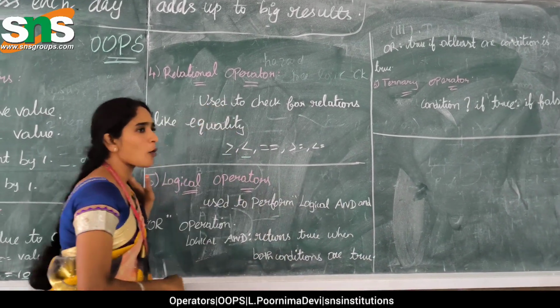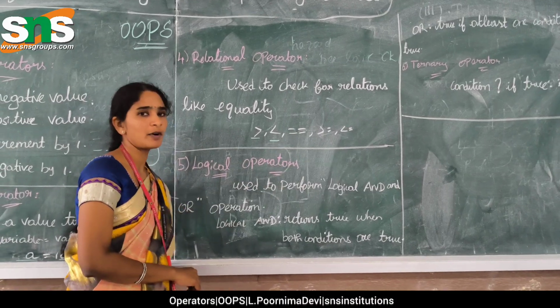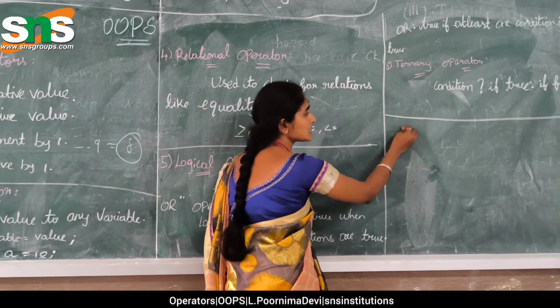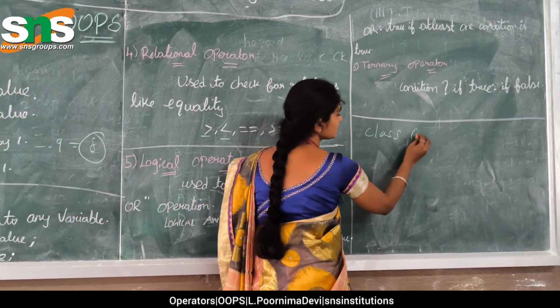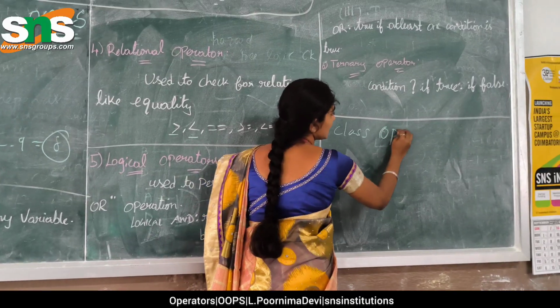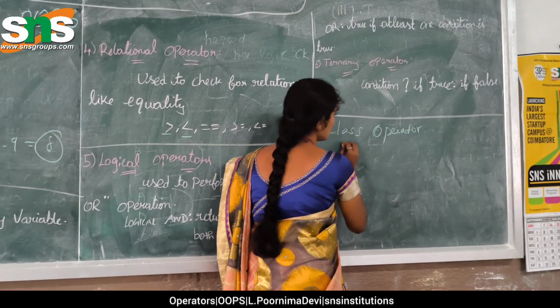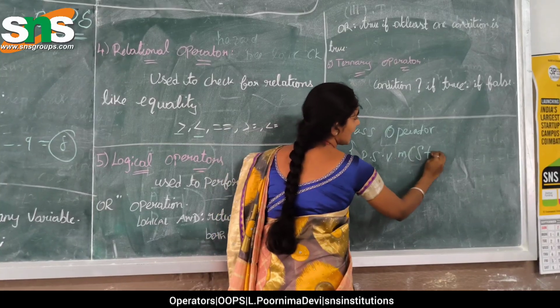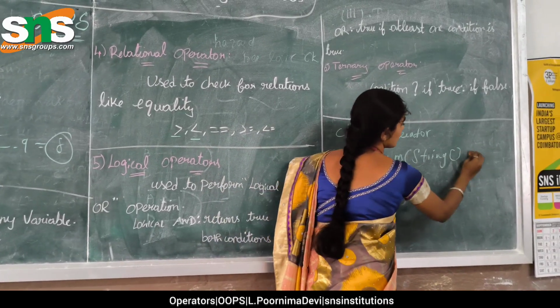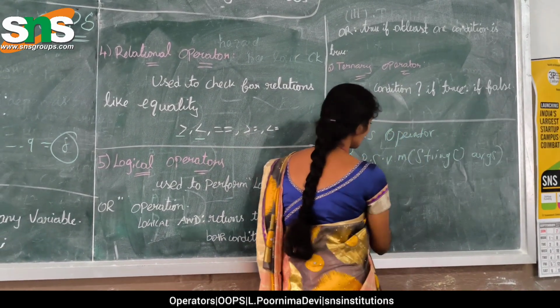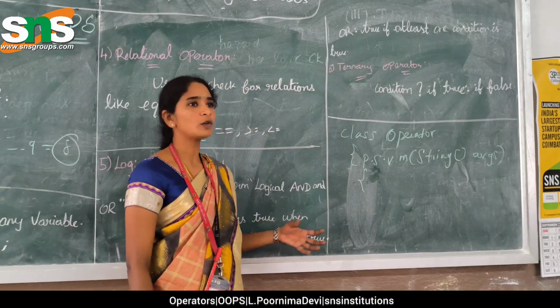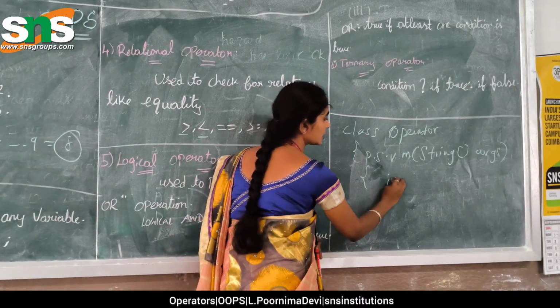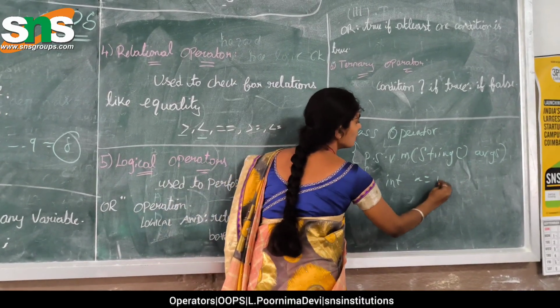Using these operators, I will write a simple program. Here I have created a class named operator, with public static void main string args. Inside it I include the variables: int a equal to 10.